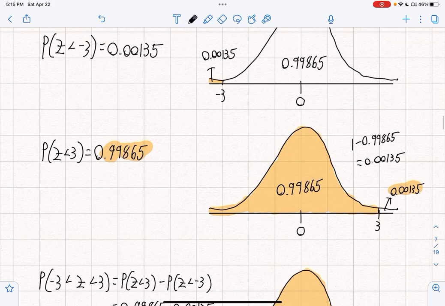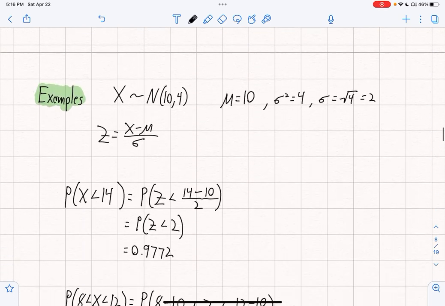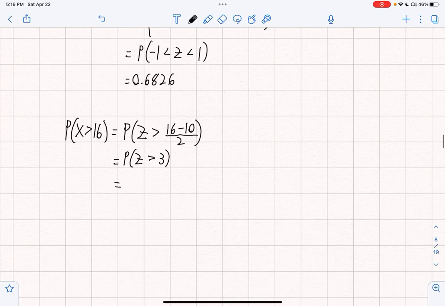Or we could have used the idea of symmetry of the normal distribution, where we know that the probability that z less than negative 3 would be equal to the probability that z is bigger than positive 3, which is 0.00135. So that means our answer is 0.00135.